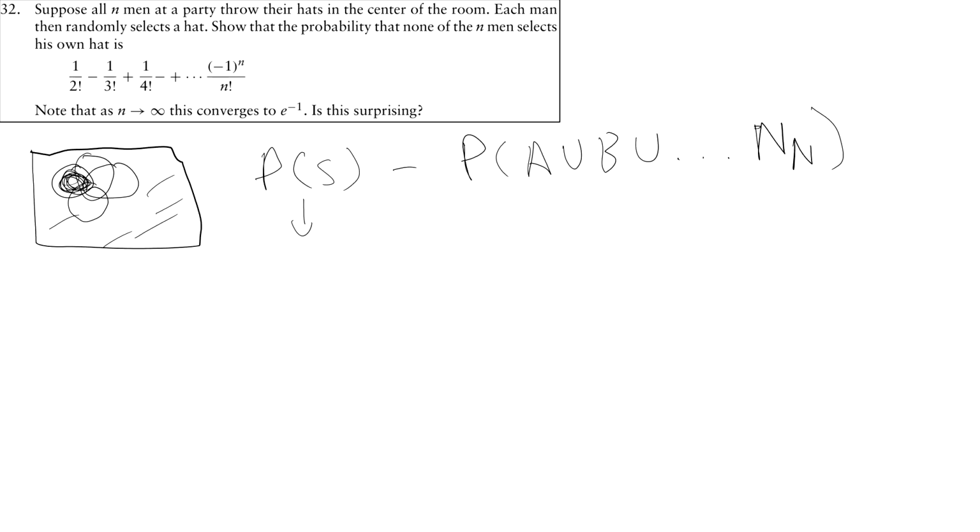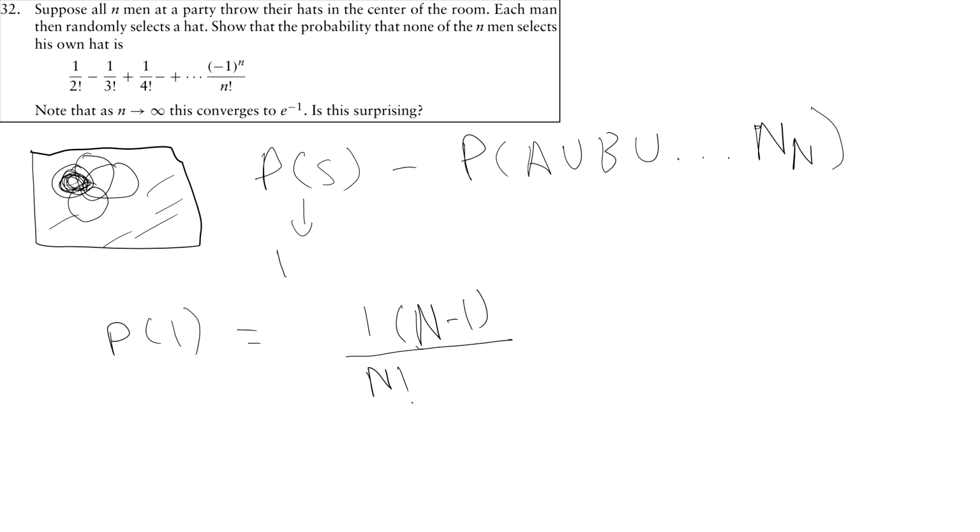Before that, P of S is obviously 1, because the probability of the sample space is 1, an axiom we learned in the previous videos. Now let's find this P of 1. The probability that 1 is correct is (n minus 1) factorial by n factorial.